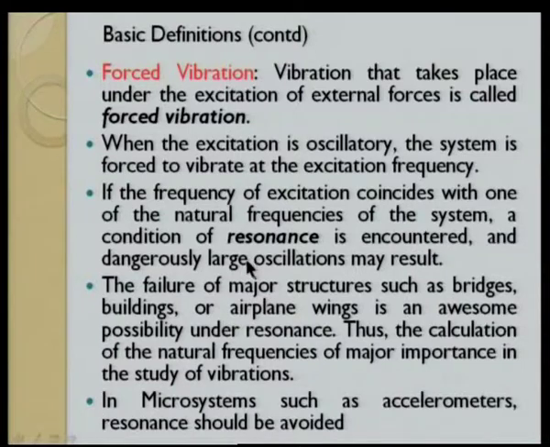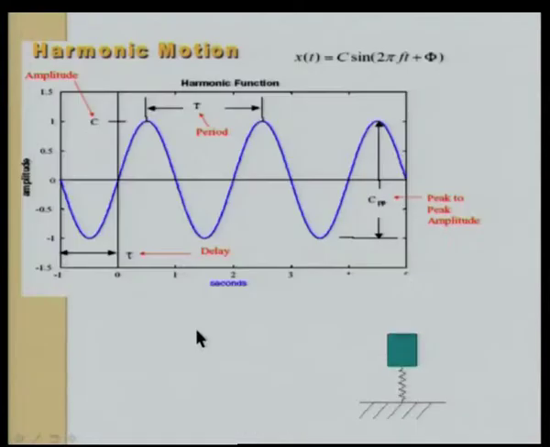The failure of major structures such as bridges, buildings, aeroplanes, even MEMS structures is due to the existence of resonance. In the design of the control system, the poles signify the resonance which causes instability. At any cost, resonance should be avoided.